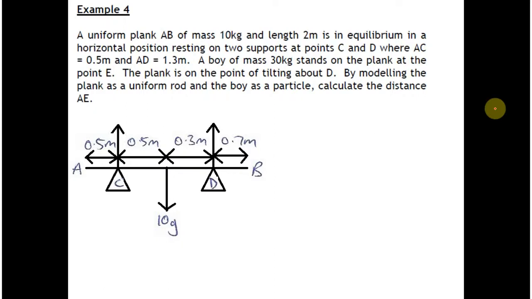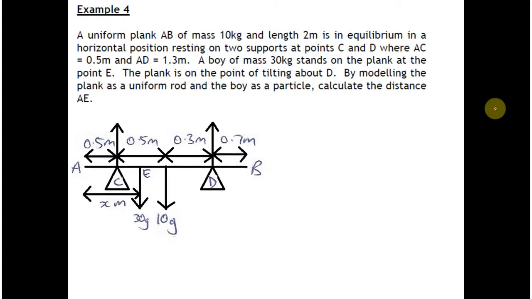We don't know where the point E is, which is where this boy is, but we do know that the plank is on the point of tilting about D. Now, to deal with the boy, similarly to the centre of mass of a non-uniform lamina, we can make it x meters from the point A, because AE is the distance we want to find. Label that point E, and the boy's got mass 30 kilograms, so the weight would be 30g.